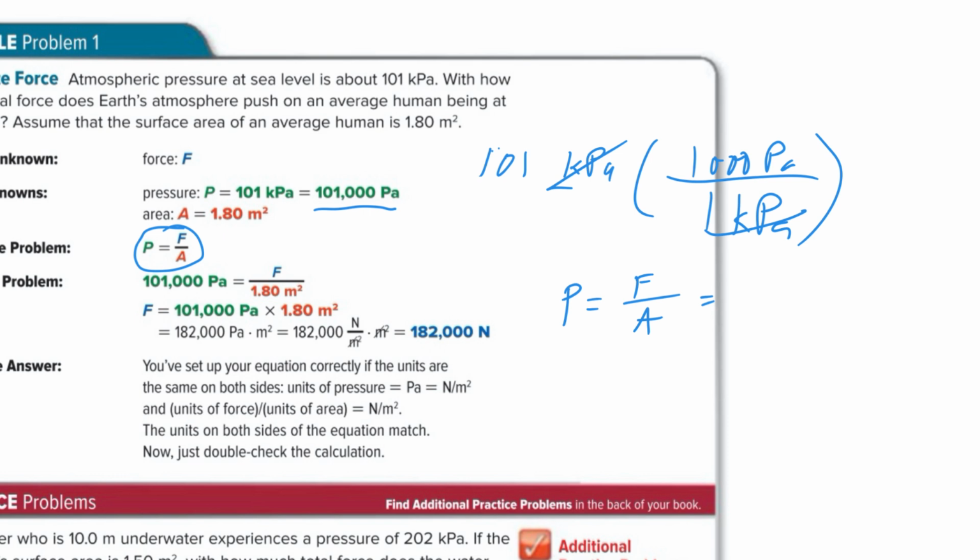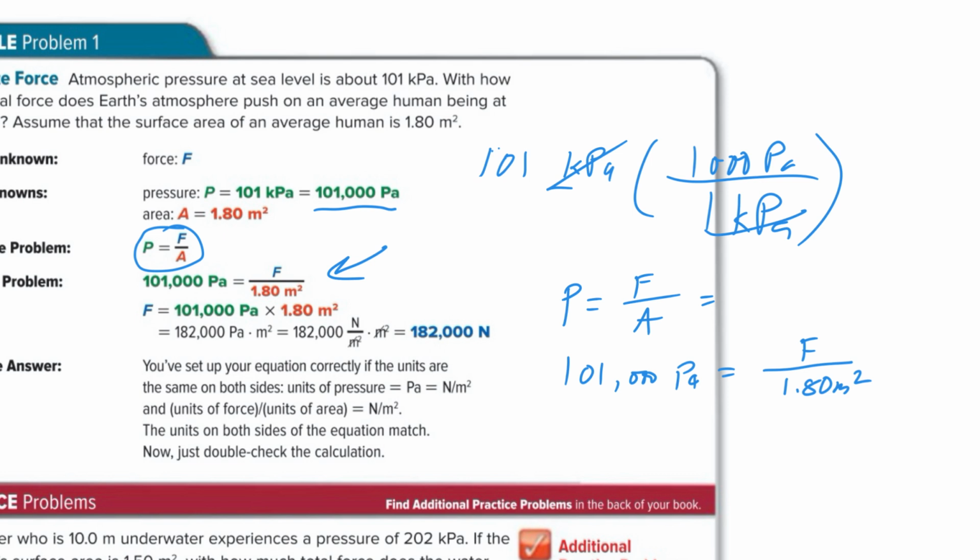Our pressure is 101,000 pascals, and our area is 1.80 meters squared. And then the force we don't know. That's that part of your problem there. And then you're just going to solve for F.